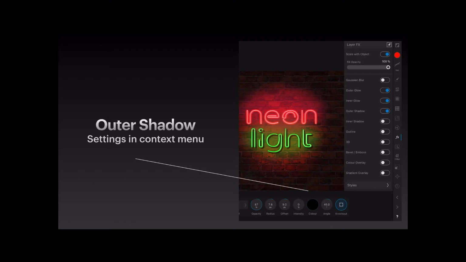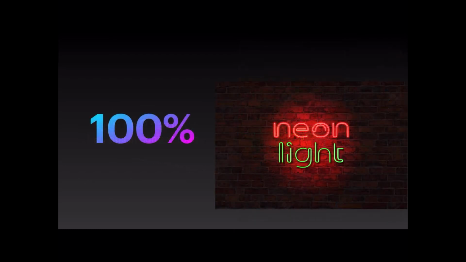Now, the offset, in this case, is only 9 pixels. These same settings apply to both the word neon and the word light, and of course you can do those as you go along. And that's really all there is to it. That's the 100% neon light finished.